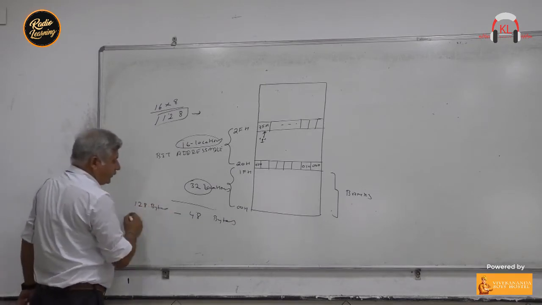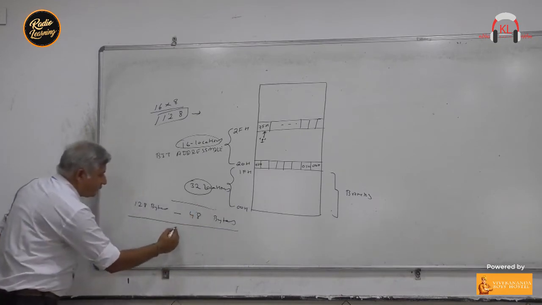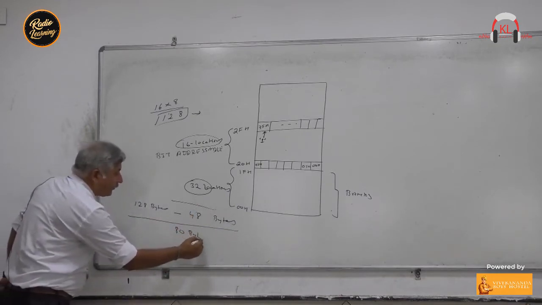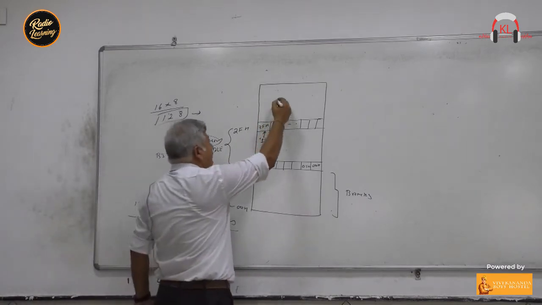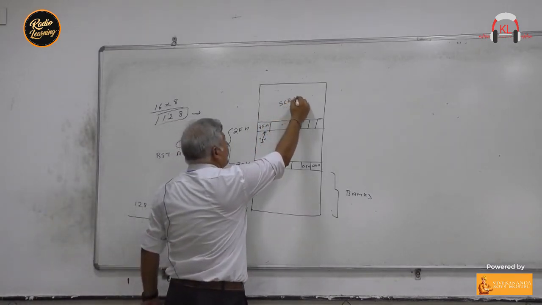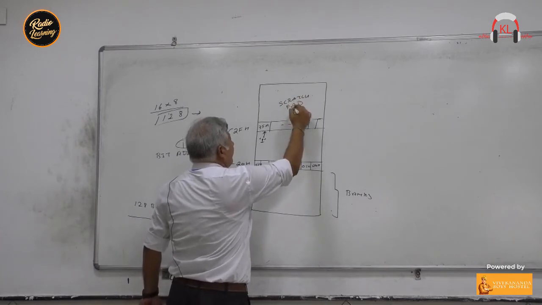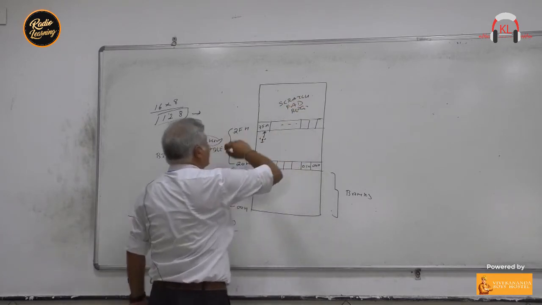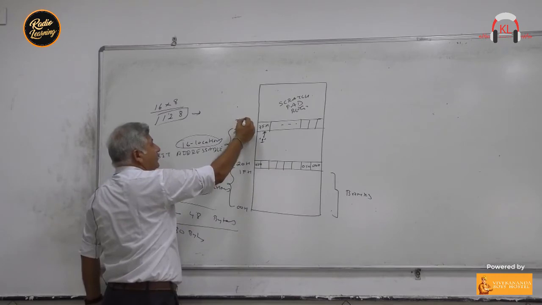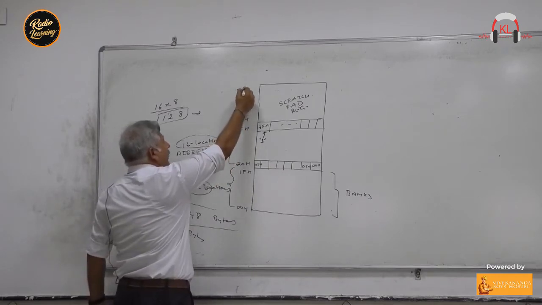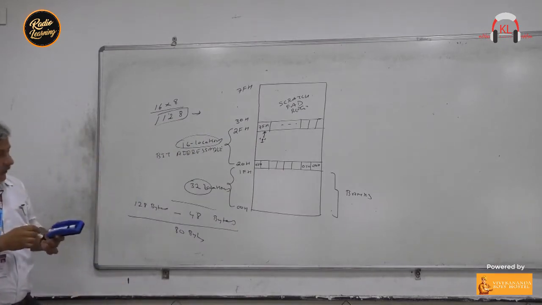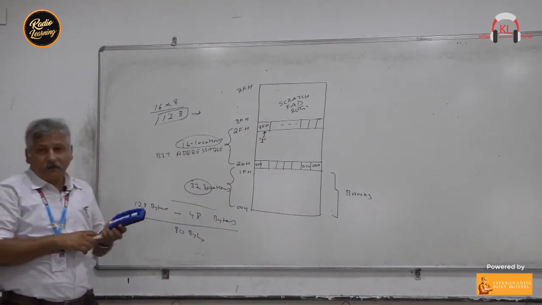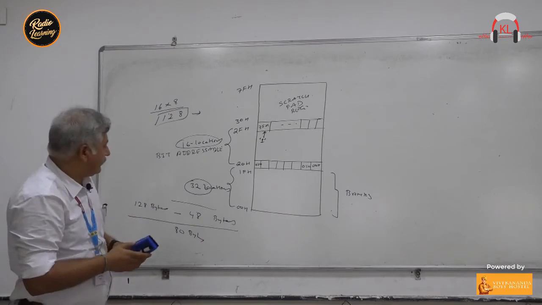So you subtract this, and the remaining is 80 bytes, right? Those 80 bytes are called scratch pad registers, and they are from address 30H to 7FH. So this whole is the architecture of the internal RAM of the 8051 microcontroller.